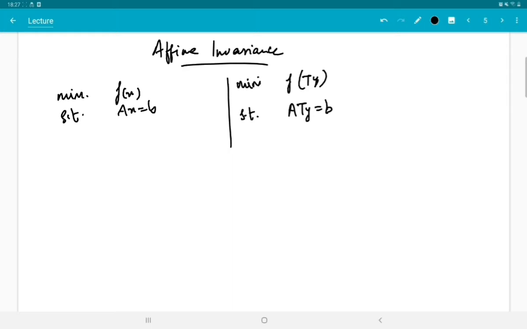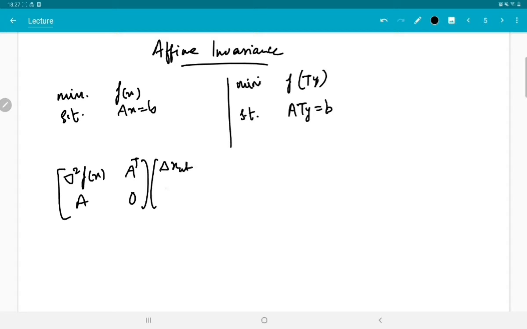So what was the KKT matrix in the KKT condition in case of the original problem? The original problem had this KKT condition: A transpose, 0. This is delta x nt.